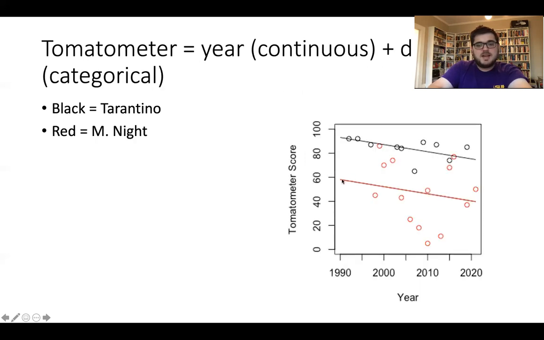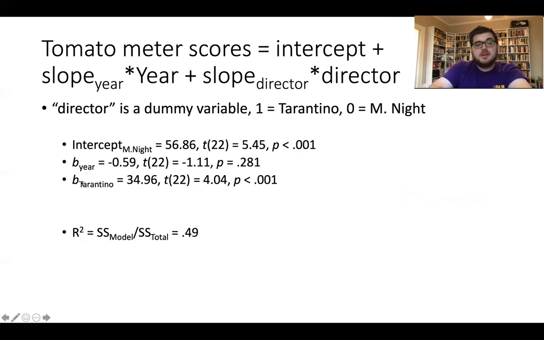And that means that despite the fact that our line does appear to be negative, there's not enough data to conclude that it is indeed negative. So we would drop our predictions as years go by, but if we were doing research and our research question was, do directors get worse over time? We wouldn't be able to conclude that because this p-value is not significant.